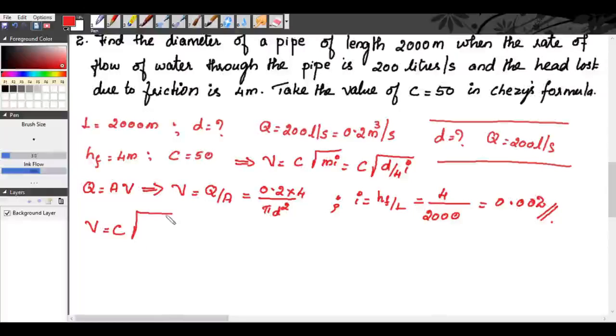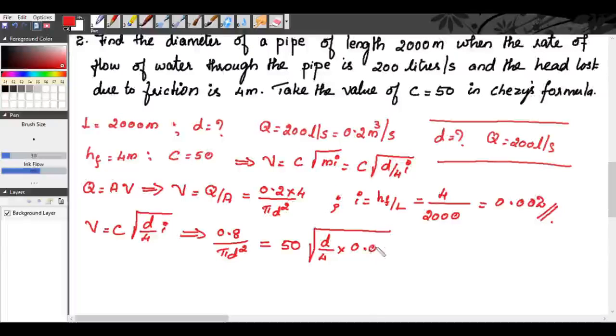We have determined V as 0.2 into 4 divided by pi d square, that means 0.8 divided by pi d square is equal to 50 into square root of d by 4 into I. I is given as 0.002, so the only unknown is d. We get d is equal to 55.3 centimeter. So this is the diameter of the pipe.